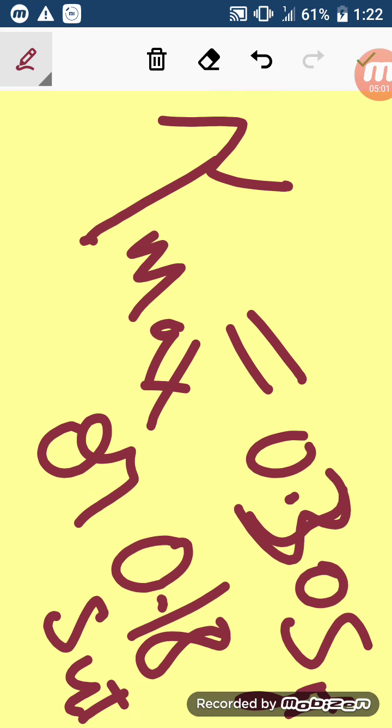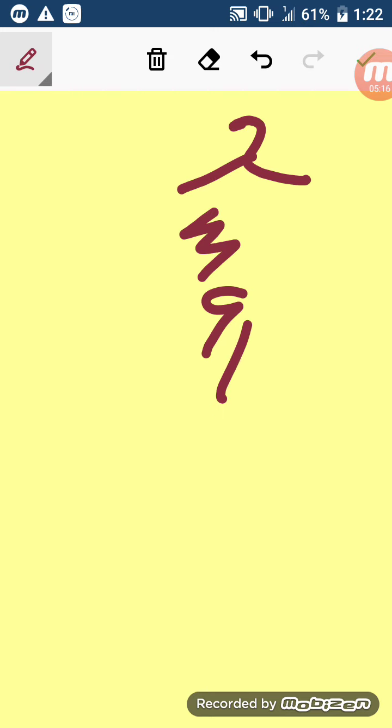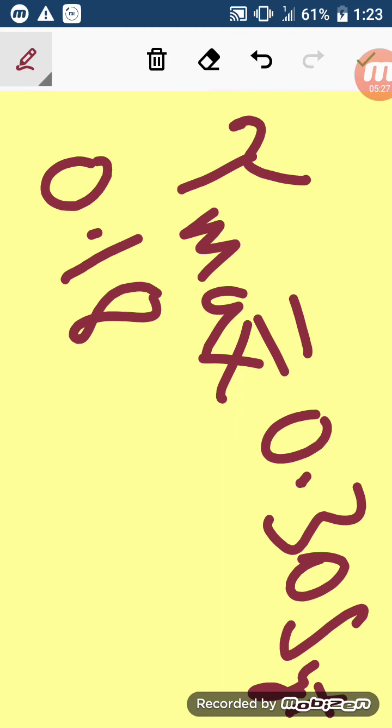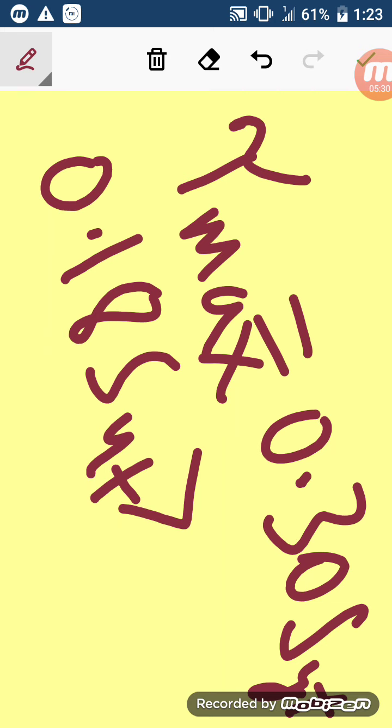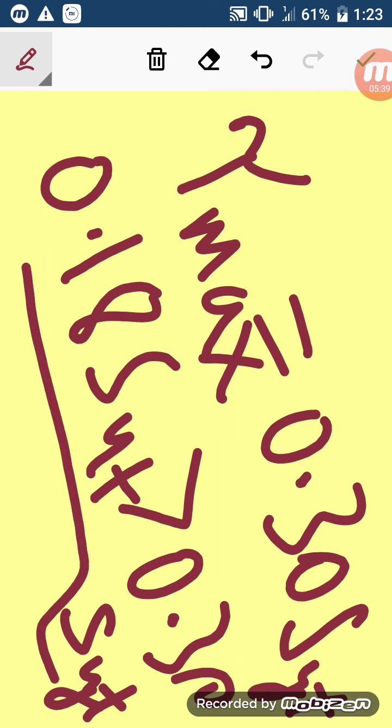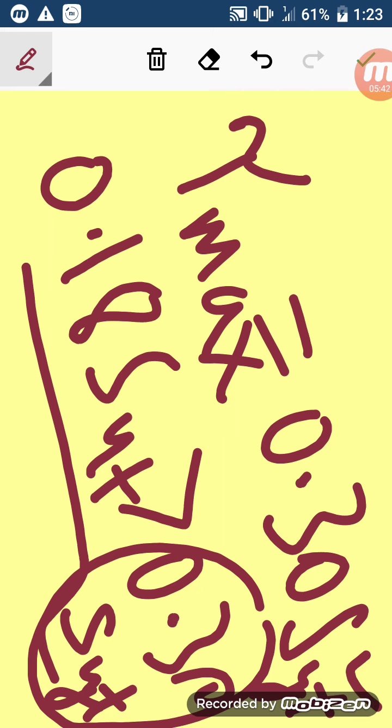Suppose our shaft is with keyways, then we will further reduce this value by 25%, right? Suppose tau max is equal to 0.30 SYT, and suppose this is the lower one, meaning 0.18 SUT is greater than 0.30 SYT. Then we will take the lower one, this one, right?